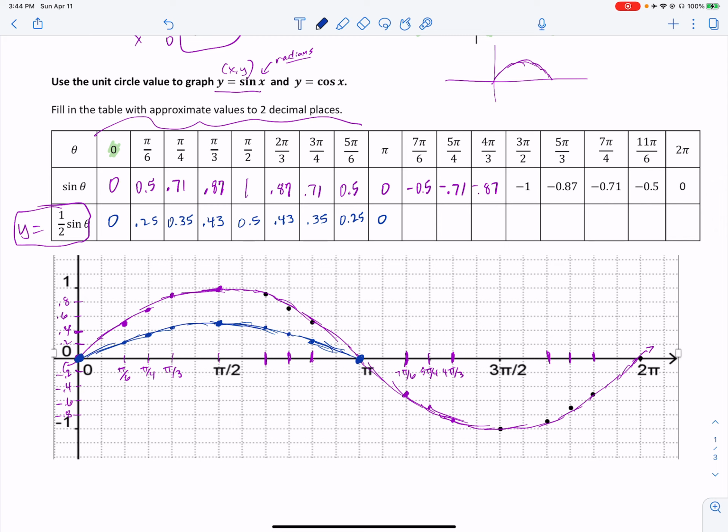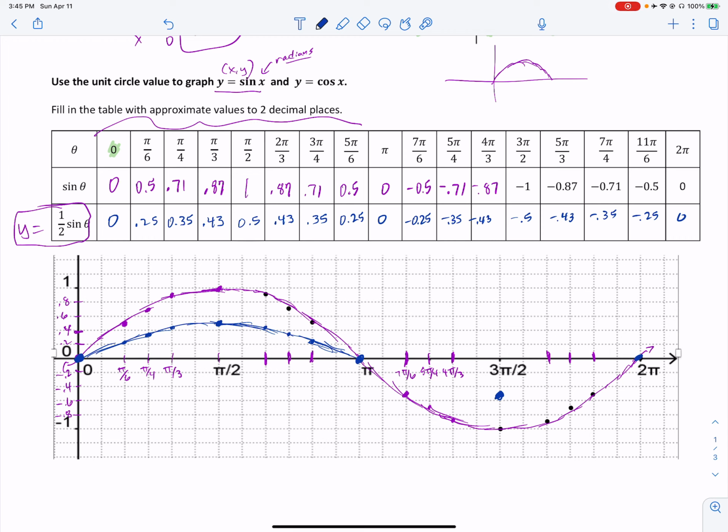And then if we go where it's negative, we get the same values kind of repeating in a pattern: negative 0.25, negative 0.35, negative 0.43, negative 0.5, negative 0.43, negative 0.35, negative 0.25, and back to 0. So we are going to be at halfway, we'll be at negative 0.5, and then back to 0. And then all these values are half.